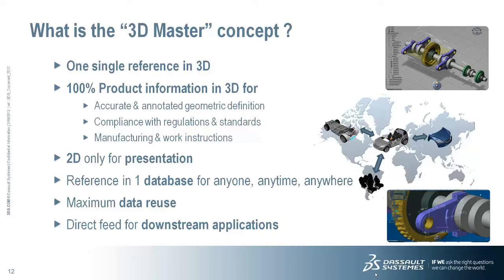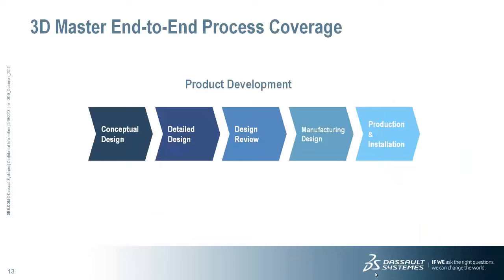This single definition is integrated through the 3D Experience platform with one single database and available to anyone, anytime, anywhere. And of course, this maximizes our ability to reuse data because we're able to mix the environments of 2D and 3D data in this single instance. And it directly feeds the downstream applications like manufacturing. So if we are looking at the end-to-end process coverage, today we see that it's quite sequential with many breakages between the phases.